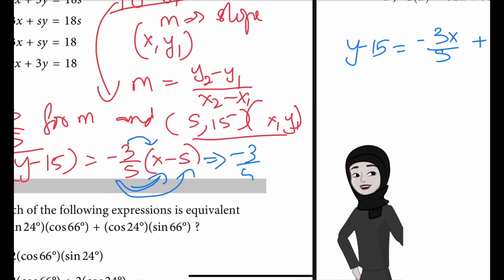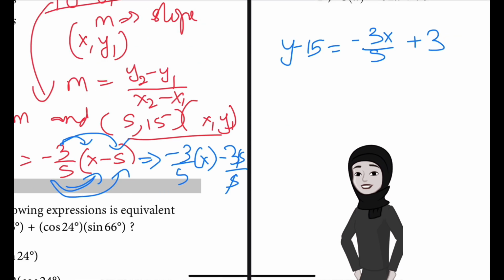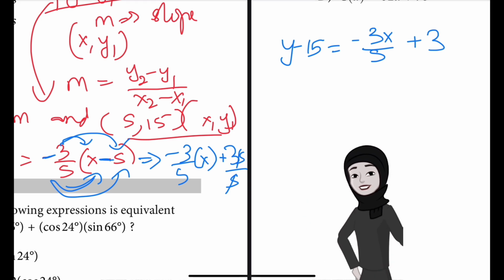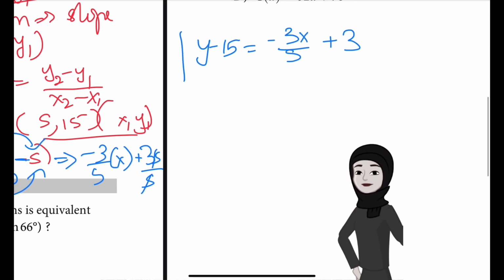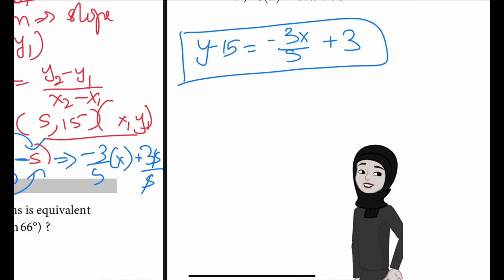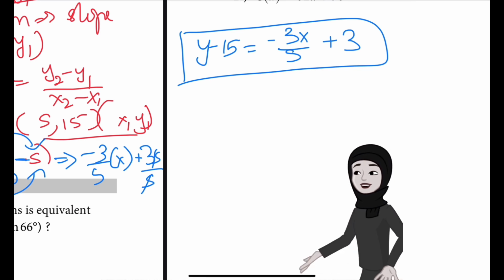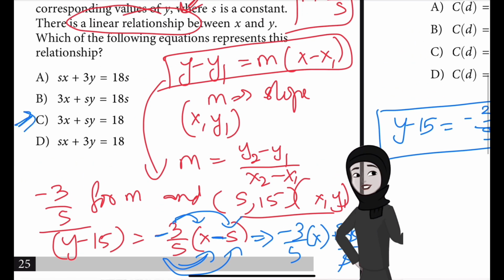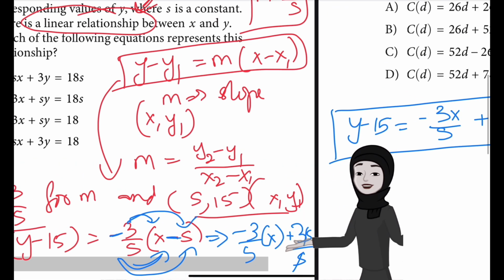So this is minus 3x by s, and then this minus 3 by s, when it came here, is minus 3s by s. The s's will cancel out. That's how we are only left with 3. And also positive 3 because this has a minus sign and minus times minus is plus. So that's how we have y minus 15 is equal to minus 3x by s plus 3.